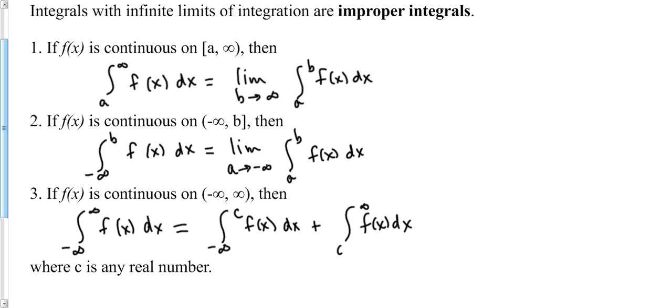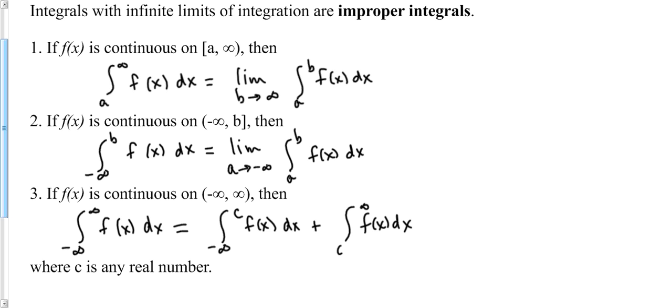So finally, in case 3, if f of x is continuous on the interval from negative infinity to positive infinity, then the integral from negative infinity to positive infinity of f of x dx is equal to the integral from negative infinity to c of f of x dx plus the integral from c to positive infinity of f of x dx, where c is any real number.